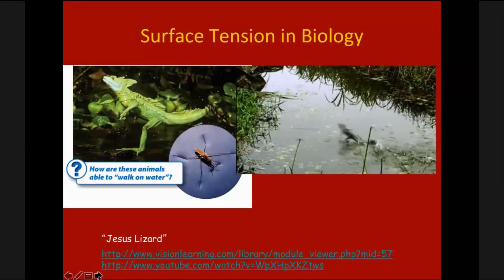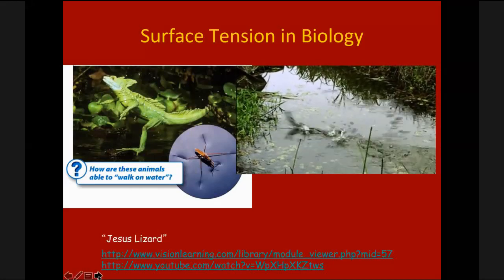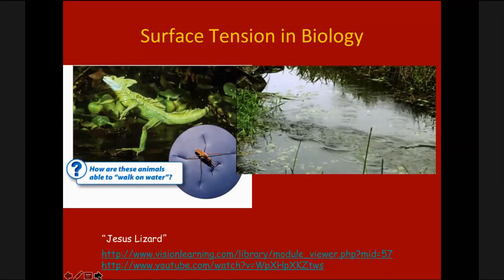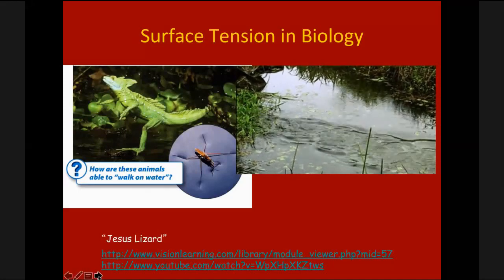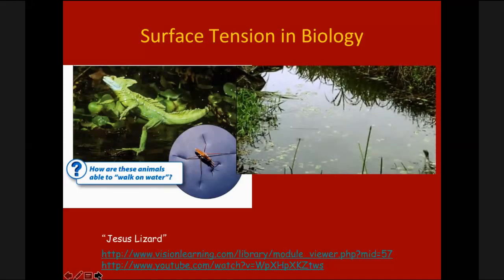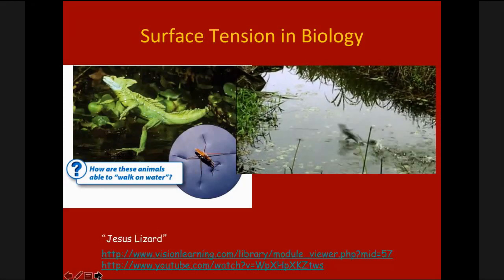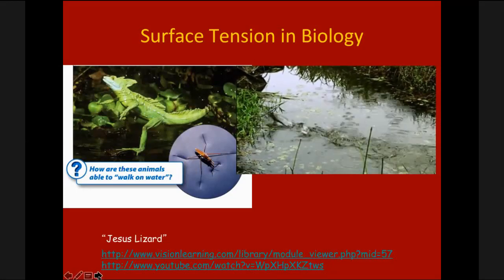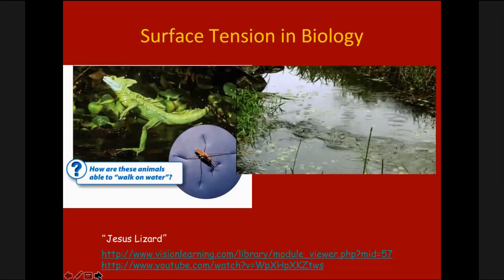Two, it's using the surface tension, right, to be able to run across. And three, it's got really big feet. Right? So it's able to disperse its weight across a larger area to be able to take advantage of that surface area. It's also got a really light skeleton, but it's kind of the same principle as, have you guys ever worn snowshoes?